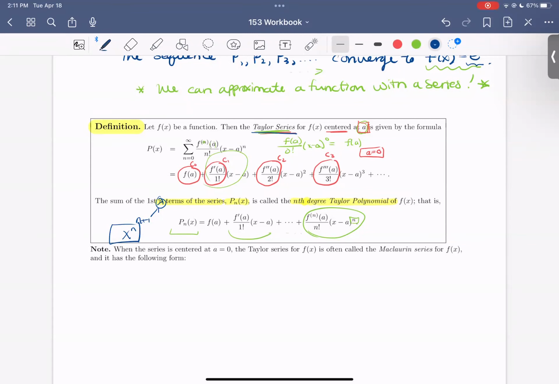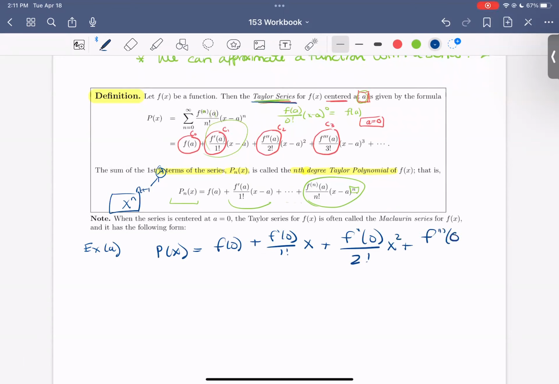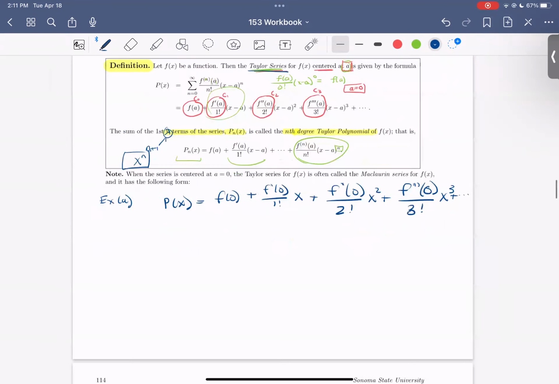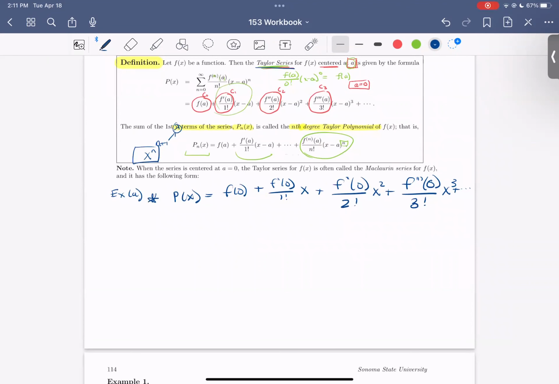So we'll just finish here with a note. In our example in part A, we had P of x equals f of 0 plus f prime of 0 over 1 factorial times x plus the second derivative evaluated at 0 over 2 factorial x squared plus the third derivative evaluated at 0 over 3 factorial x cubed, etc. And again, as we looked at this definition, this is the general form for a Taylor series.